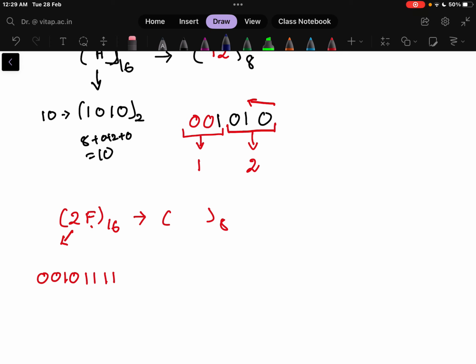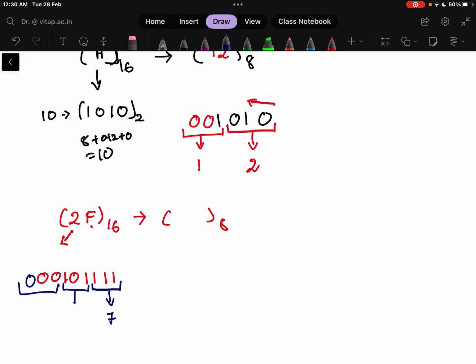Next, I have to make groups of 3 to convert that to octal, from right to left. This is 1, then this will be 1, and here another one will be 0. So what is this 111 now? I know this 111 is 7.